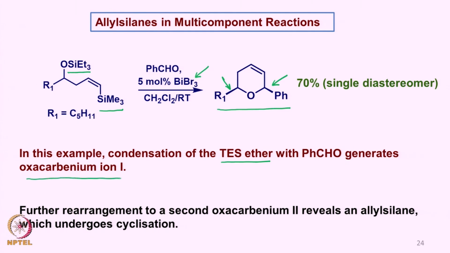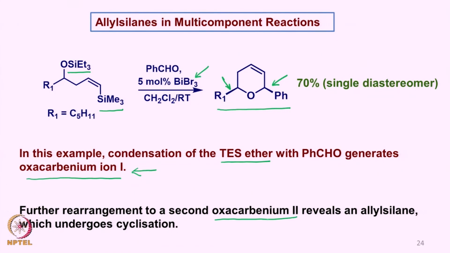Basically it is a vinyl silane, and therefore we need first to understand the chemistry of the vinyl silane, and then after the first oxocarbenium ion is formed, it leads to another oxocarbenium ion 2, which allows the revealing of an allyl silane, and that allows the cyclization to form the final product. So we will see it is a very interesting reaction.